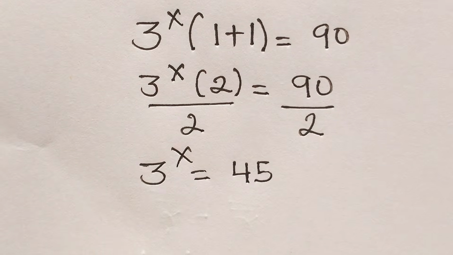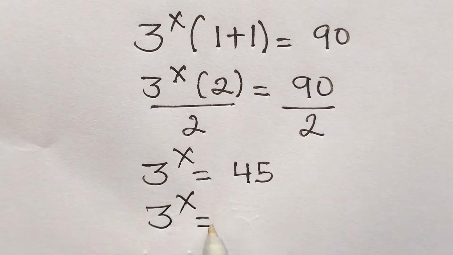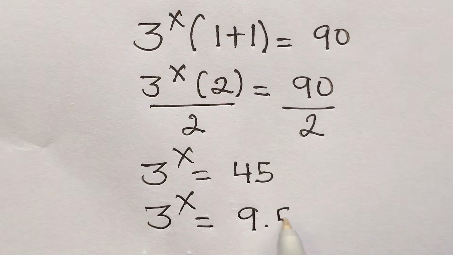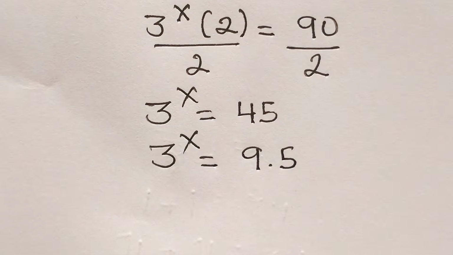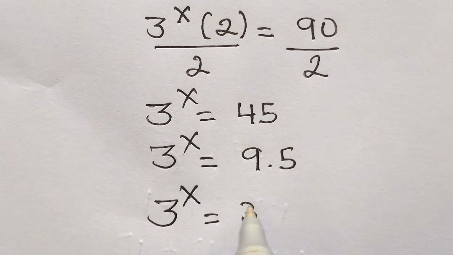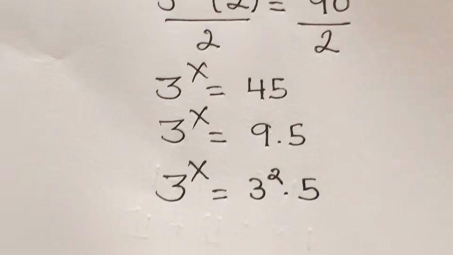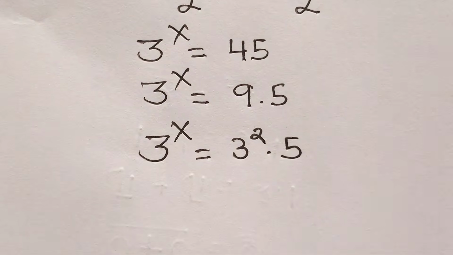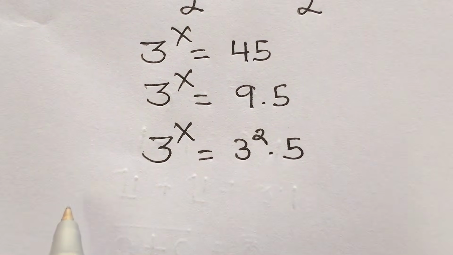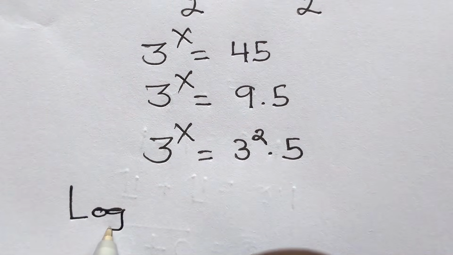At this stage we can say 3 power x is equal to 9 times 5. Then 3 power x will be 3 squared times 5. At this stage it is a nice time to apply logarithm on both sides.